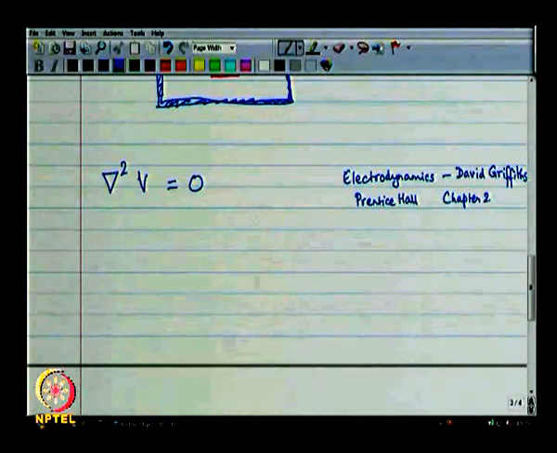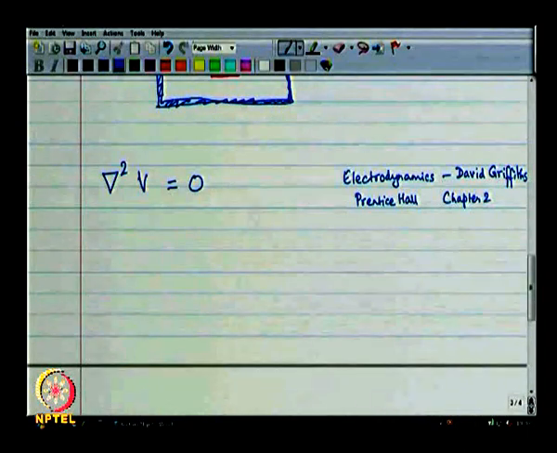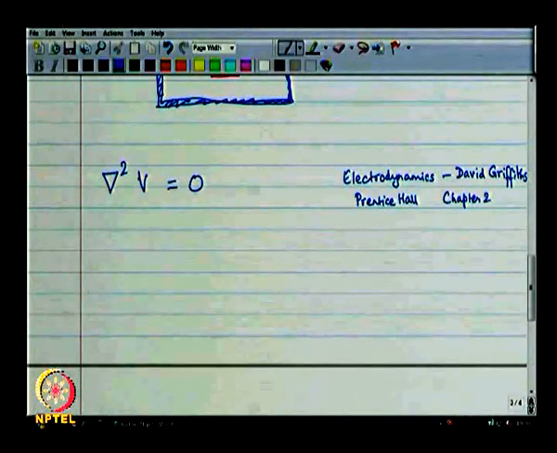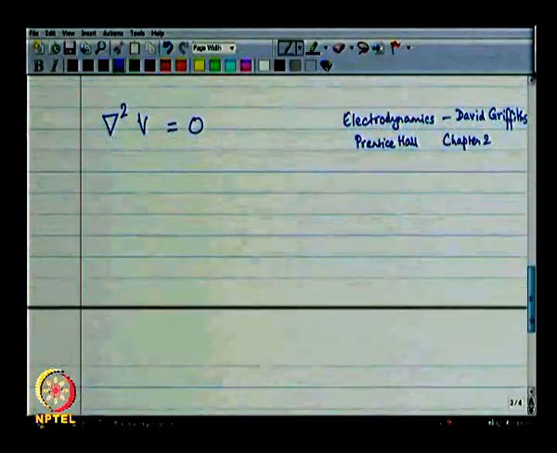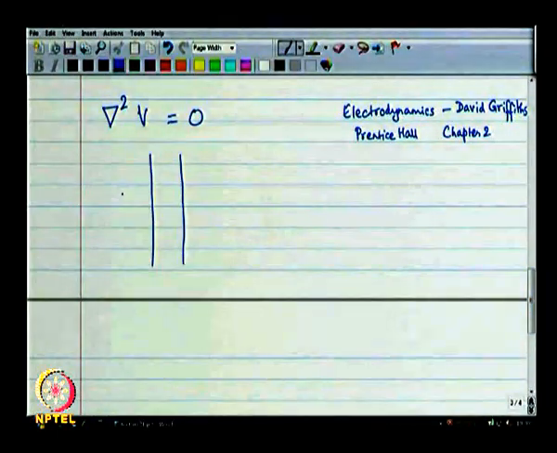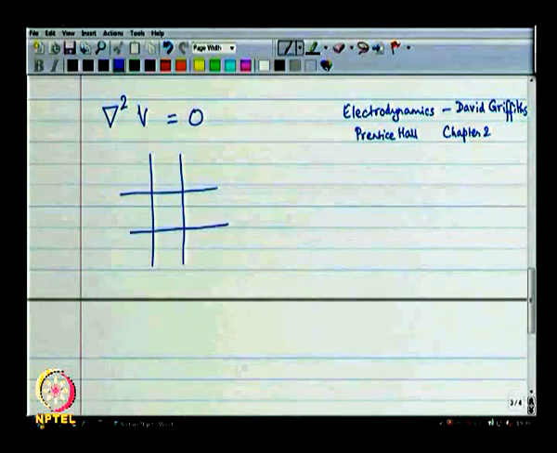Okay. So, there is a lot of material about how to solve Laplace's equation del squared V equal to 0, and some of the common problems that are solved in this particular textbook. This is a classic textbook, and some of the common problems solved are when you have a grid which is all equipotential.